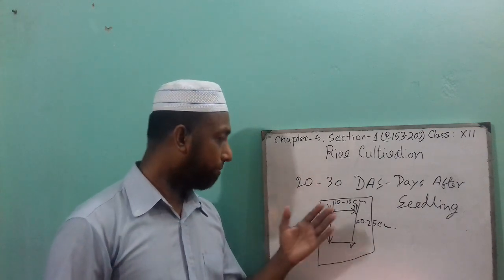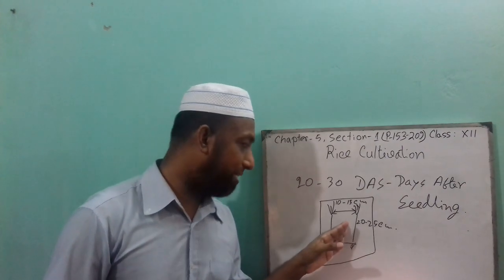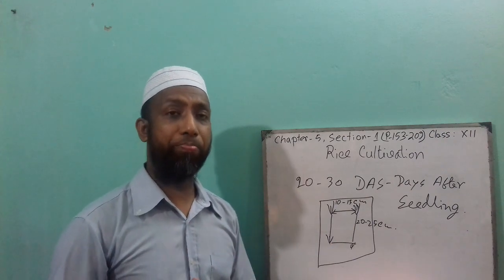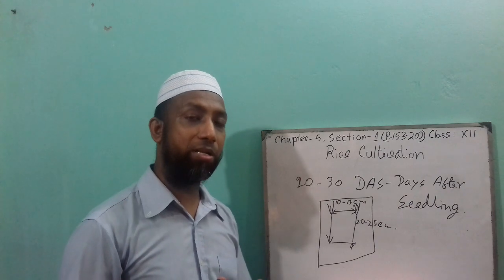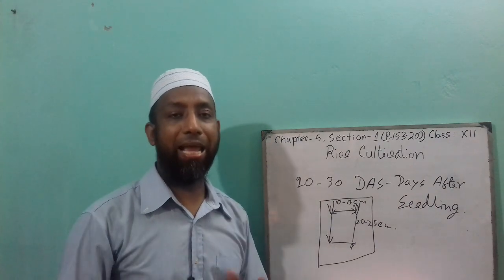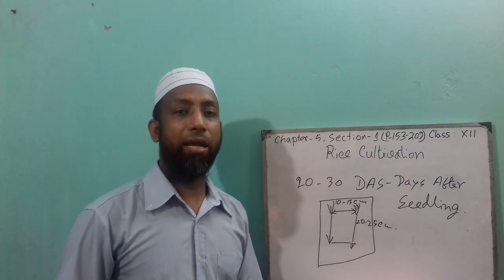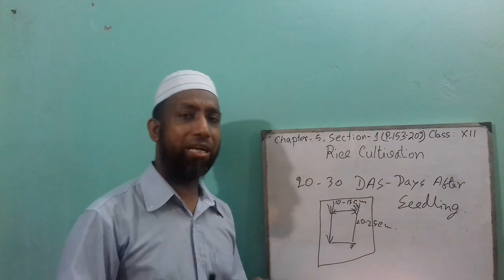After that, before you transplant the seedlings, you have to prepare the main field very properly. That means you provide 5 to 6 times plowing on that land and make the land leveled with the help of a ladder, and then you provide proper water.